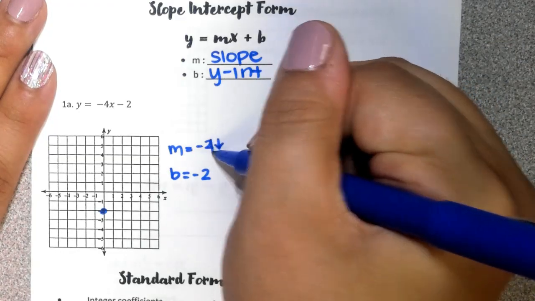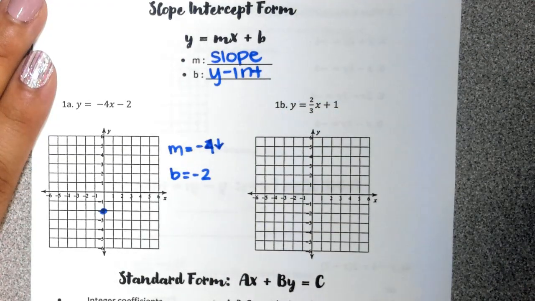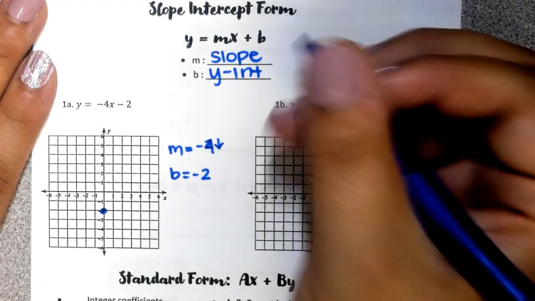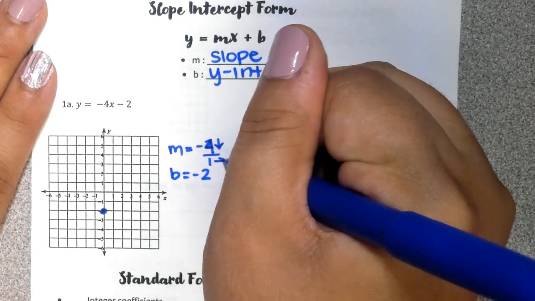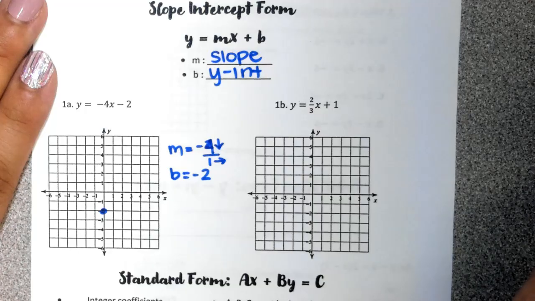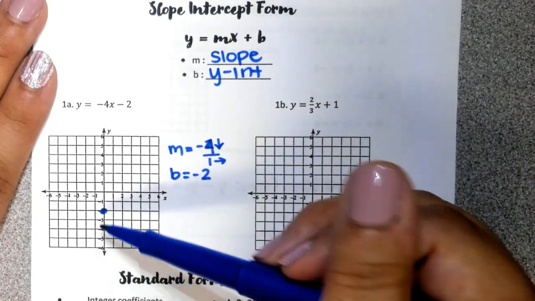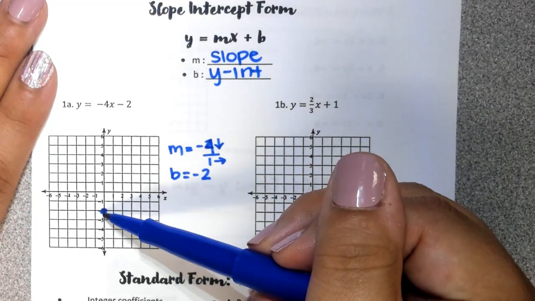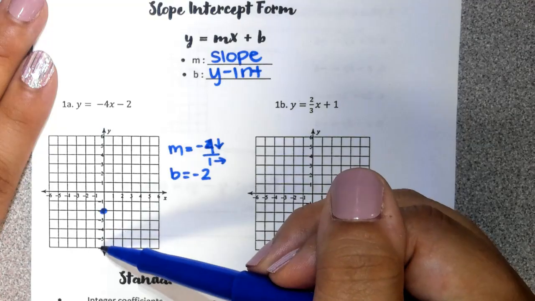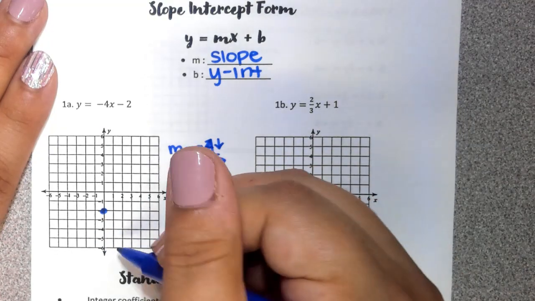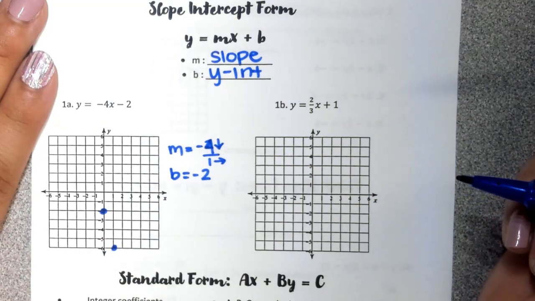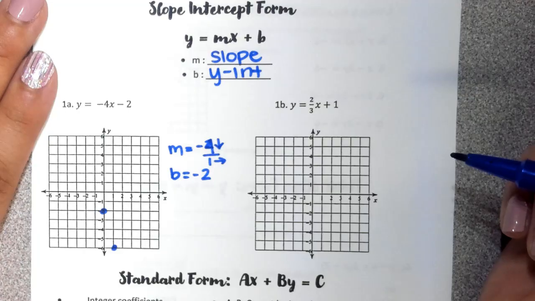Down 4, sorry. Down 4, how many are we going to go right? Right 1. If there's no fraction, you put it over 1. So from this -2, I'm going to do a stair step. Down 1, 2, 3, 4, right 1. And plot a point.